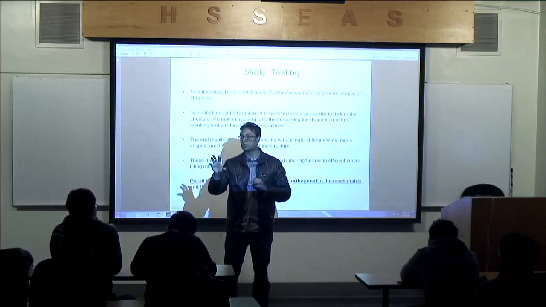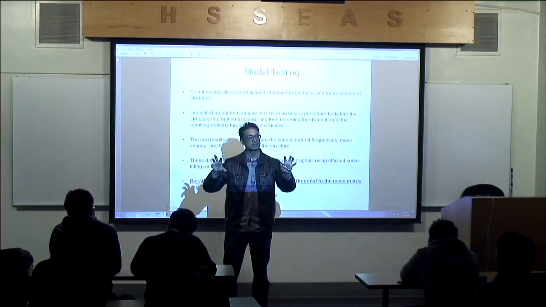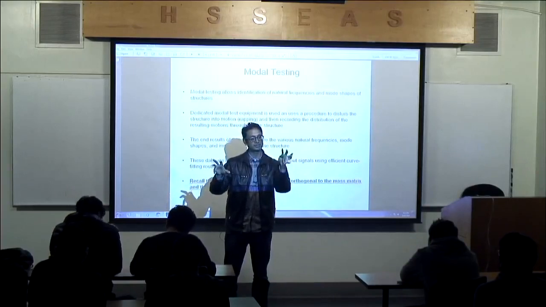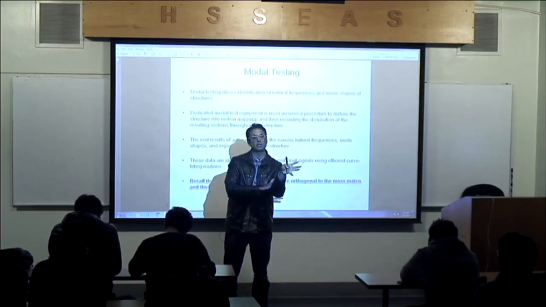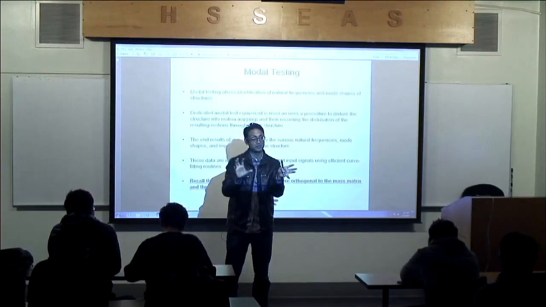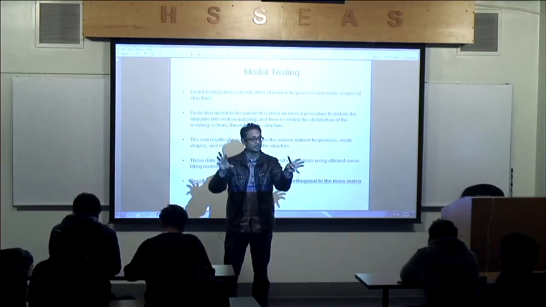Say that finite element model was perfect like the test. What do you think is going to happen when I take the mode shape from the test, transpose it, times the mass matrix, but now I multiply against the finite element mode shapes? I should get 1 if it's perfect. If the test is equal to finite elements, I should get 1.